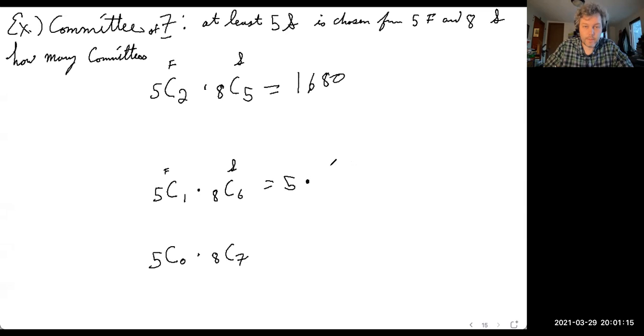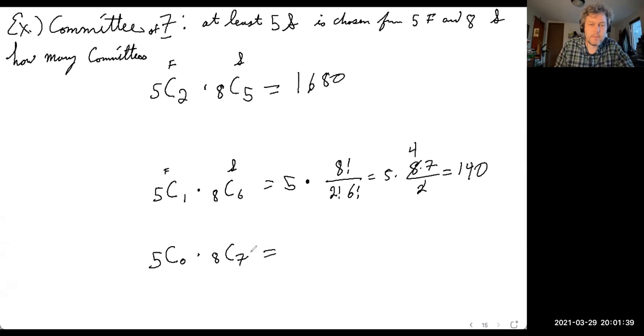Okay, so I got to figure out what that is. 8 factorial, 8 minus 6 is 2, over 6 factorial. So this is 5 times 8 times 7 over 2. Turn that into a 4. Now you have 5 times 4 is 20, and 20 times 7 is 140. So we have 140 ways that can happen.